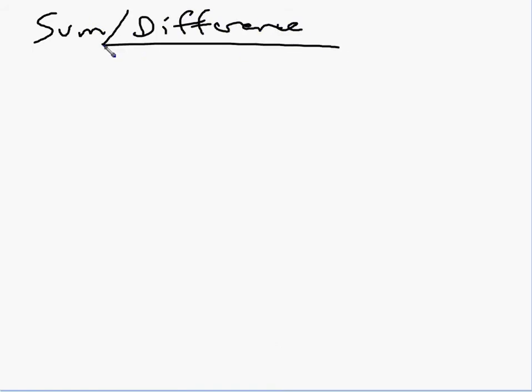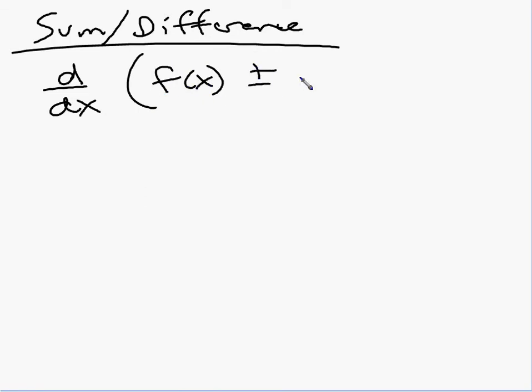Okay, some other ones that are more common sense. Sum difference rule. It's more common sense. I don't want to spend a bunch of time on it. It says that if I take the derivative of two functions added or subtracted together, I can just do the derivative of each one separately.